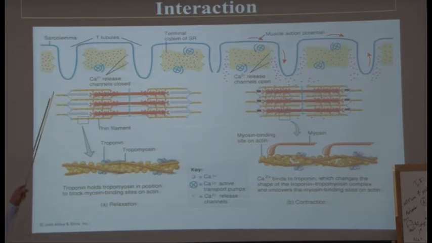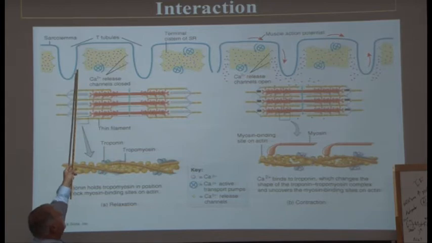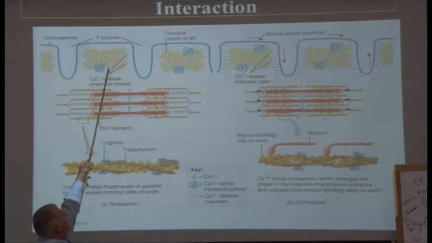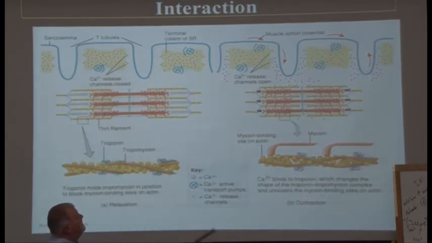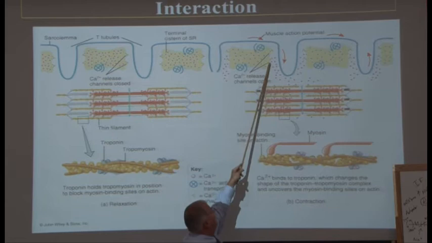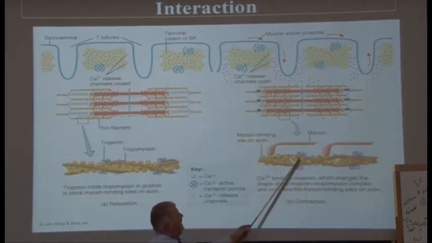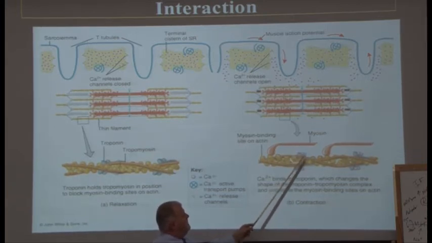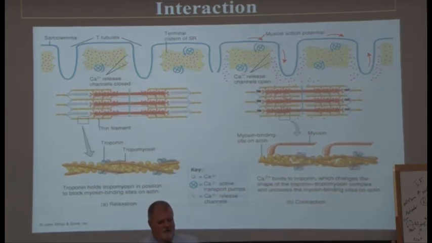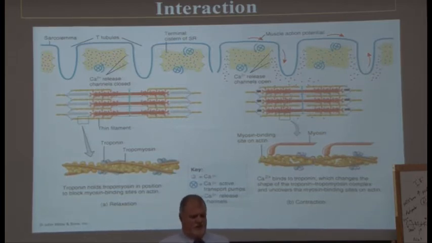So as we depolarize the membrane, and the membrane carries the depolarization down to T-tubules, then it's transferred to our terminal cisterns. That opens our calcium channels and allows calcium to diffuse out. As calcium diffuses out, it binds with the troponin molecules. Because you're binding a +2 ion, you're going to change the way in which electrons are behaving in the molecule. And remember that covalent bonds are created by the sharing of electrons.